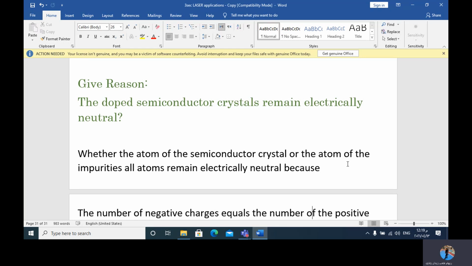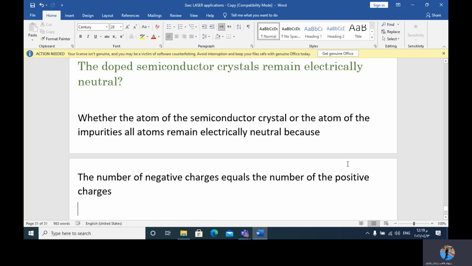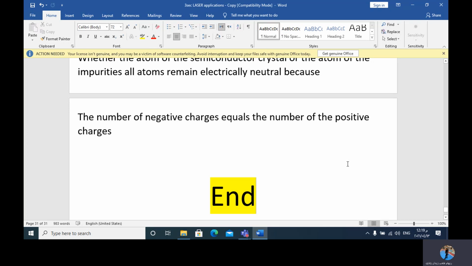It is simply because the overall number of positive charges equals the overall number of negative charges. The concentration of this equals the concentration of that. That's why the overall charge on the crystal is neutral, or zero. Negative charges equal the number of positive charges, and by this we come to the end of our lesson.